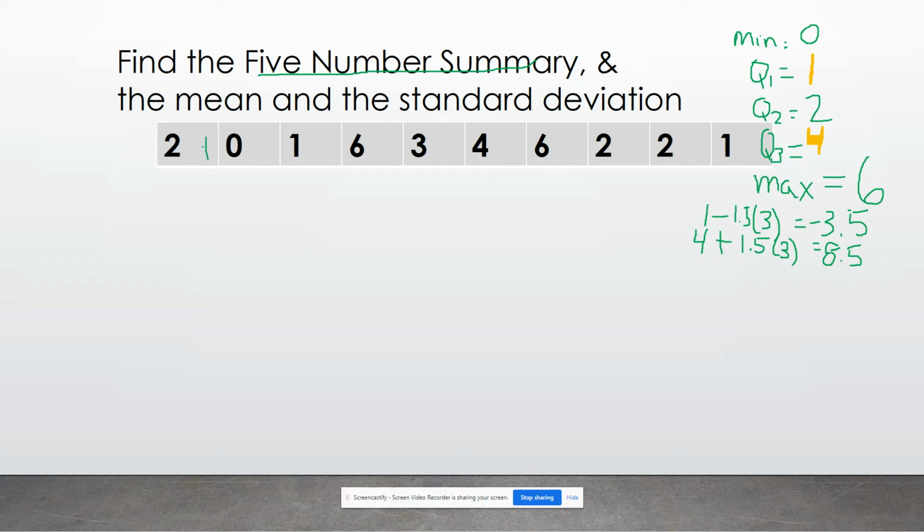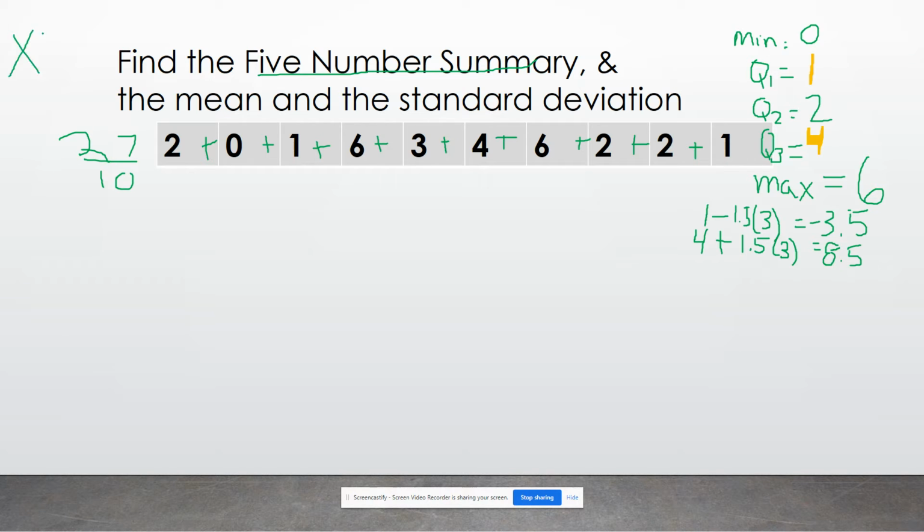So I'm going to take all of my data points and add them together, and when I add all these together, I get 27. And I'm going to divide by the number of numbers. Let me see, 1, 2, 3, 4, 5, 6, 7, 8, 9, 10. Okay, so that's where I got the 10 from. There's 10 numbers, so 27 divided by 10.